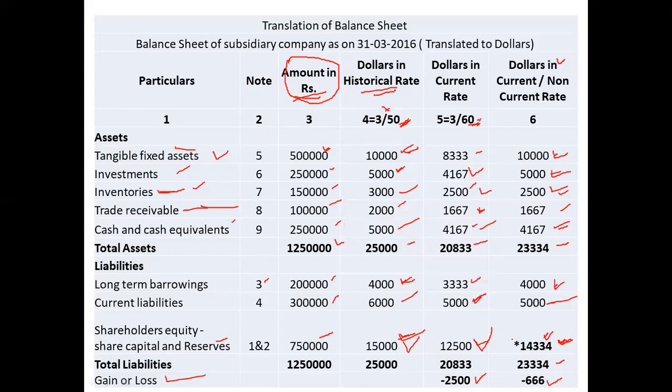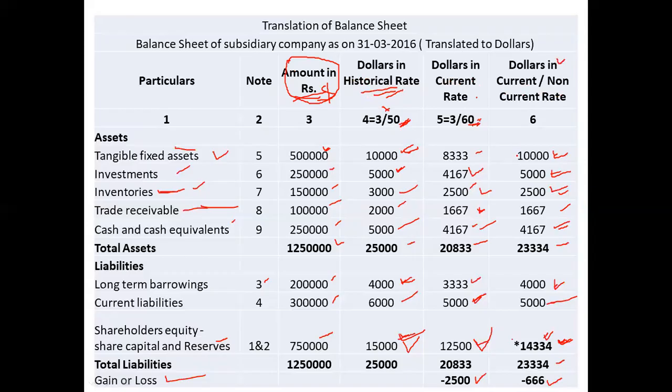Then we will get the historical rate, current rate, and non-current rate. If the balance sheet is given in dollars, then they tell us to convert into rupees. You have to multiply the values. Then you will get the historical rate, and current and non-current rate.